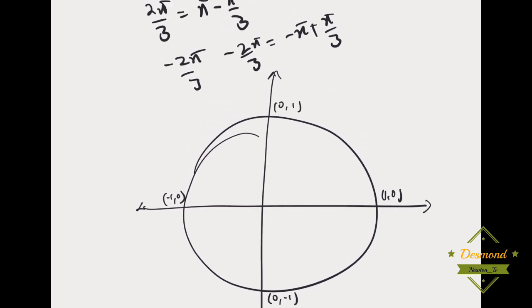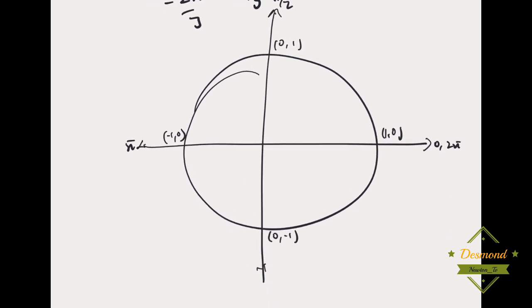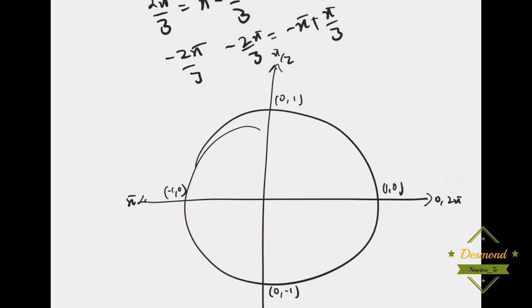Where we know that we have π/2, and we have 0, 2π, then we have π, then here we are going to have 3π/2. What we are going to do here is look at this line from here. This is our first quadrant right here.